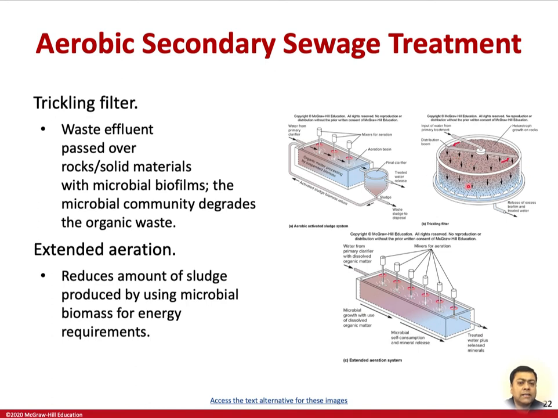This is the trickling filter, where the wastewater flows over the biofilms attached to the rocks and other solid support, resulting in the transformation of dissolved organic matter to new biofilm biomass and carbon dioxide. The excess biomass is then treated in the final clarifier.